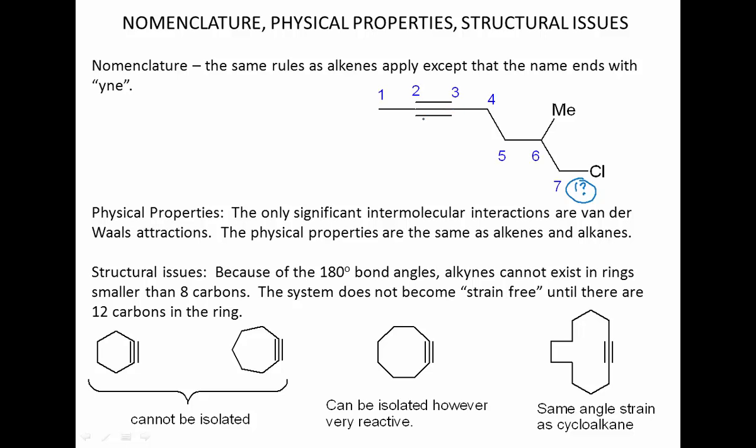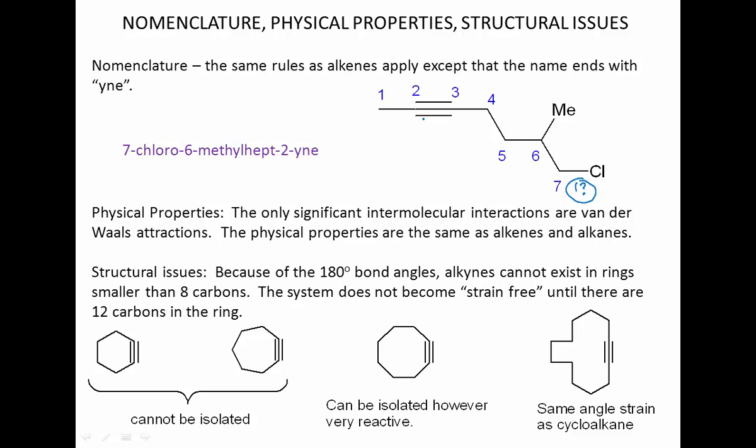We would not get to the alkyne until we got to carbon 6. Okay. So here's the name: 7-chloro-6-methyl-hept-2-yne. In the older nomenclature, you would put 2 before heptyne, but this is the way it's supposed to be done now.